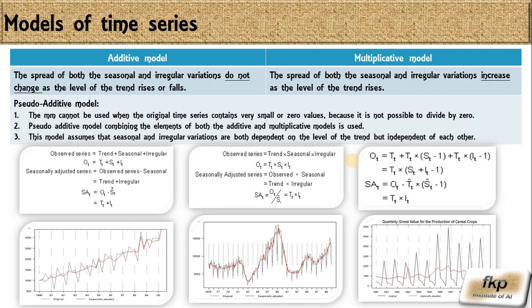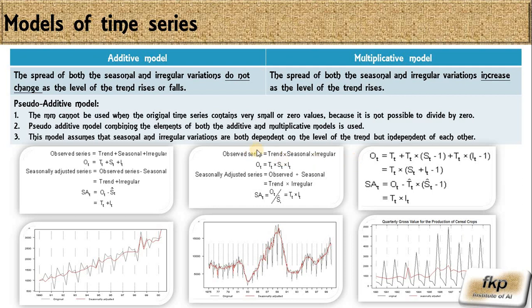During the seasons, if your sales were doubling or tripling when your brand value was not what we have now, okay, but if it is not changing even though your company's brand is high, your business is doing a lot better than previously, and your trend is going high, but your seasonal component is not moving much, it's going the normal way and doesn't show much spike in the seasons, then you can say your time series has an additive model.